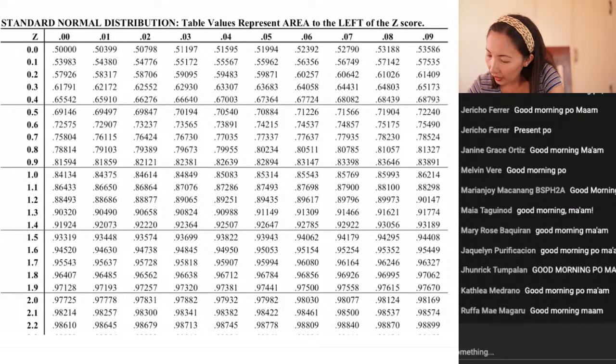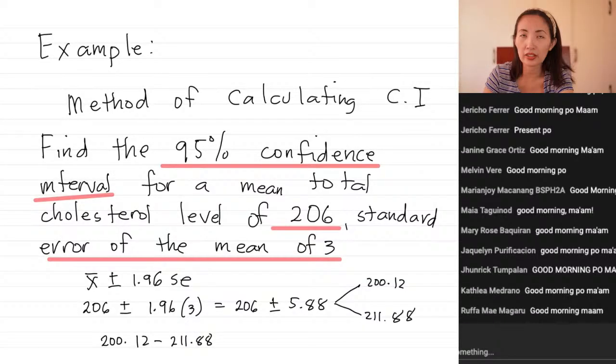Now, some of the properties and uses of confidence intervals. The mean is not the only measure for which a confidence interval can or should be calculated.